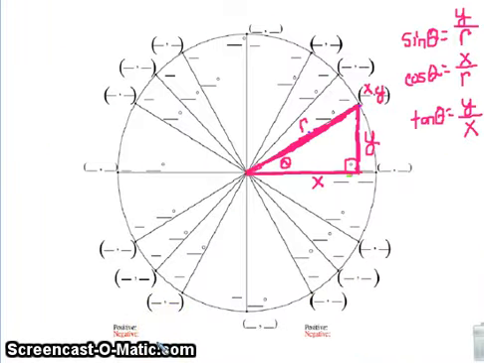Now, the reason that we are even looking at this today is this is the way that we are going to derive our sine function, our cosine function, and our tangent function. The x-coordinates of all three of those are going to be your either degree measure or your radian measure. We tend to use radian measure, but I have seen degrees used every now and then.